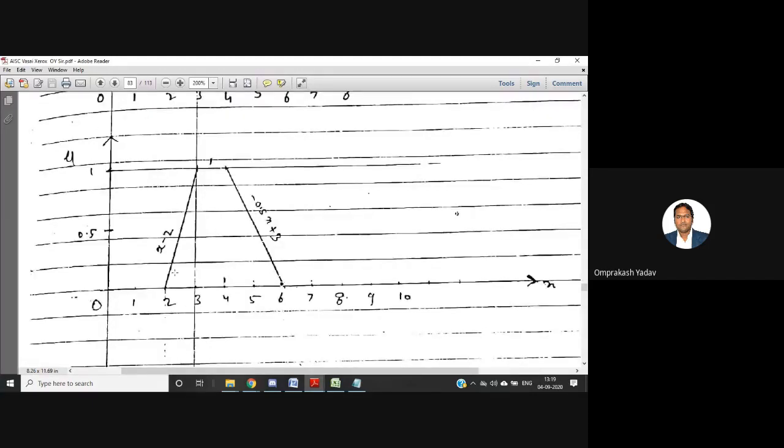Make this 0.7, make this 0.7, make this 0.7. Now I'll be extending all these lines downwards, so I'm making the second graph.